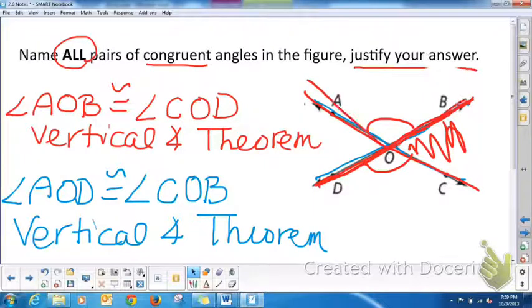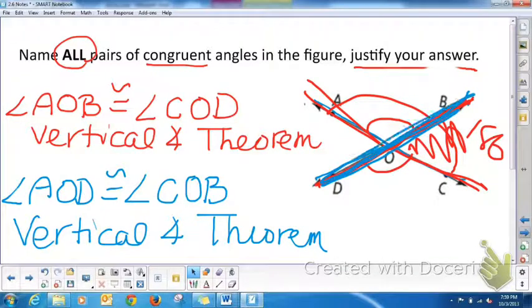Angle AOB and angle BOC are supplements. They are 180. And angle BOC and angle COD are supplementary, and therefore they together equal 180. So you could have said, by the congruent supplements theorem, you know that they are supplementary. And that would also be true.